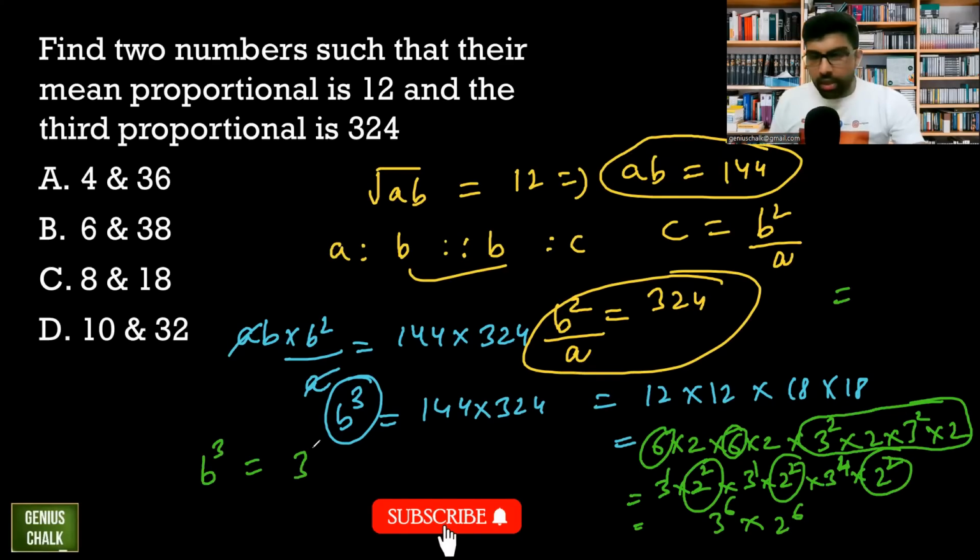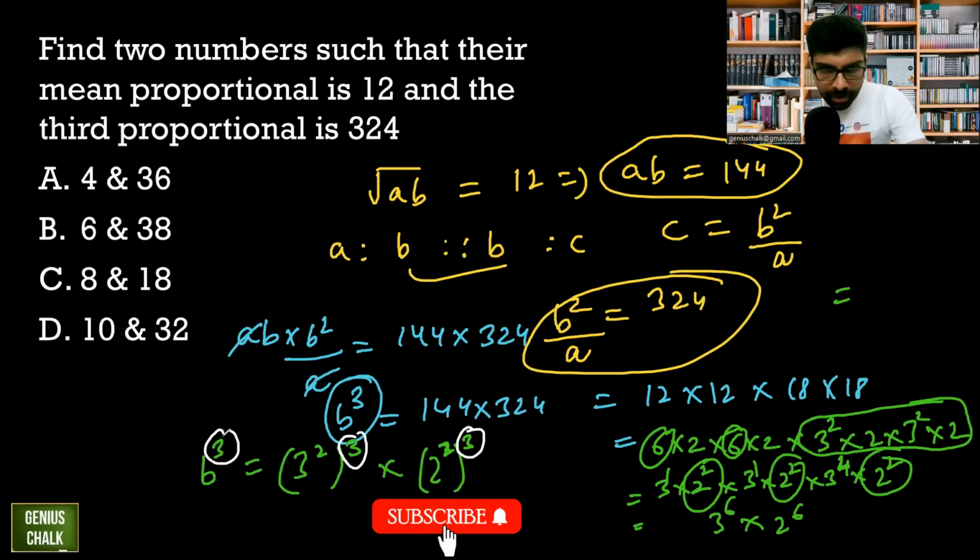So that means I need to take it as 3 square cubed and 2 square cubed. It is a cube, right? So we want cube, so cube gets cancelled. What we are left with now, it is B equals to 9 into 2 square 4.